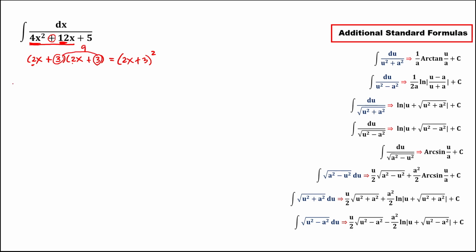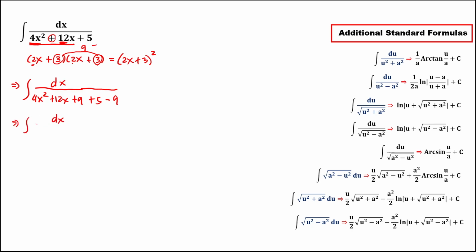So therefore this given becomes the integral of dx over 4x squared plus 12x plus 9 plus 5, then also we need to put minus 9. Then apply now the factoring.